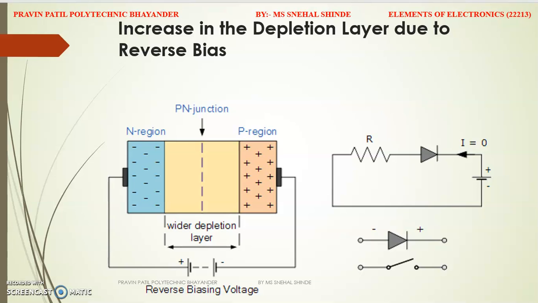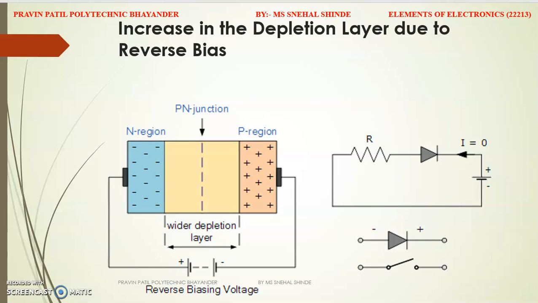The minority electrons in the P region are attracted by the positive end of the DC supply. Hence, these electrons will cross the junction and constitute the reverse current IS of the diode.